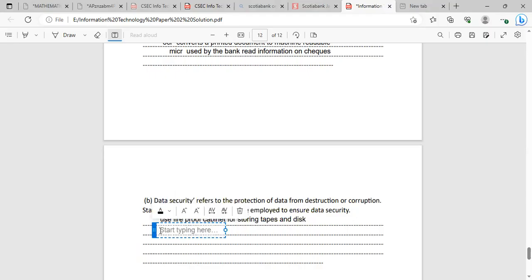Next up, protecting with a backup, very important, right? So just in case the data gets corrupted or whatever, you have a backup recovery system.